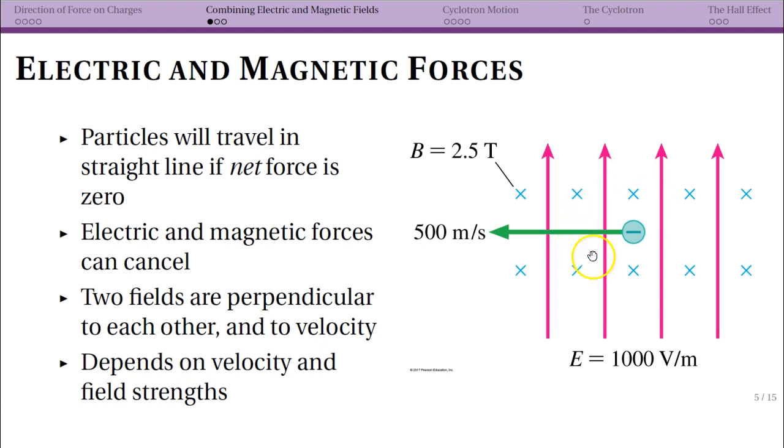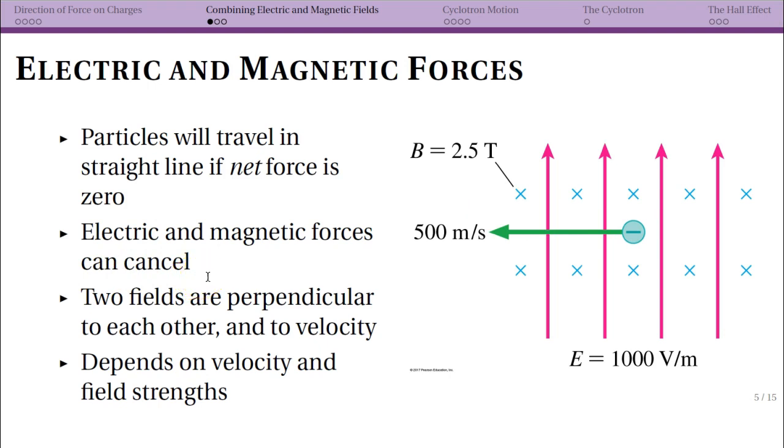So if we say that this is happening, then with the straight line and zero acceleration, our net force must be zero. Now it's a charge in an electric field, so that means there's an electric force. It's a moving charge in a magnetic field, so that means there's a magnetic force, but they can cancel. They can be opposite in direction, equal in magnitude.